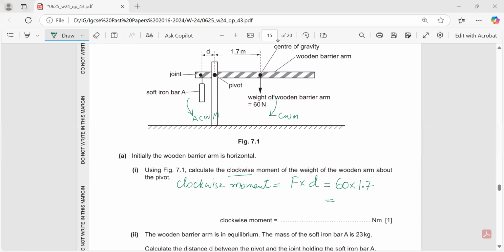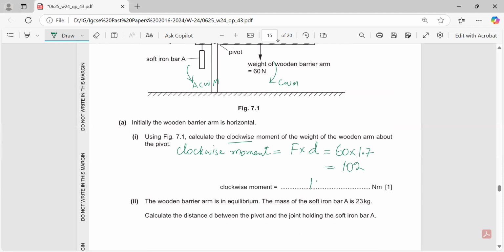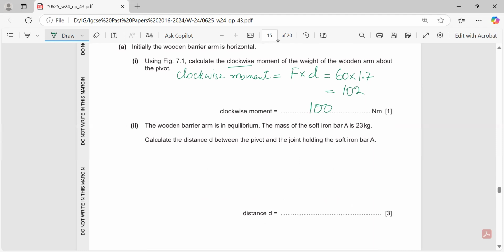So 60 times 1.7 is equal to 102. And if you are rounding off, you can even write it as 100 Newton meters. Doesn't matter. And the unit will be Newton meter because force is in Newton and distance is in meters.